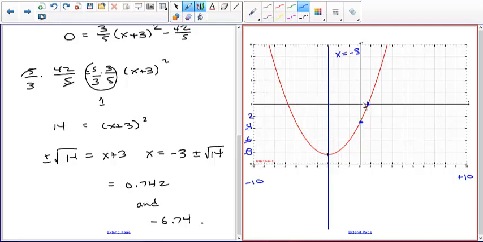Does that make sense? Oh yeah, it is. 1, 2, 3, 4, 5, 6.74, so that works out. So everything checks, and then you could take this point of symmetry to do that. So these are the points that we plot, and that would be the resulting graph. And this is my axis of symmetry.